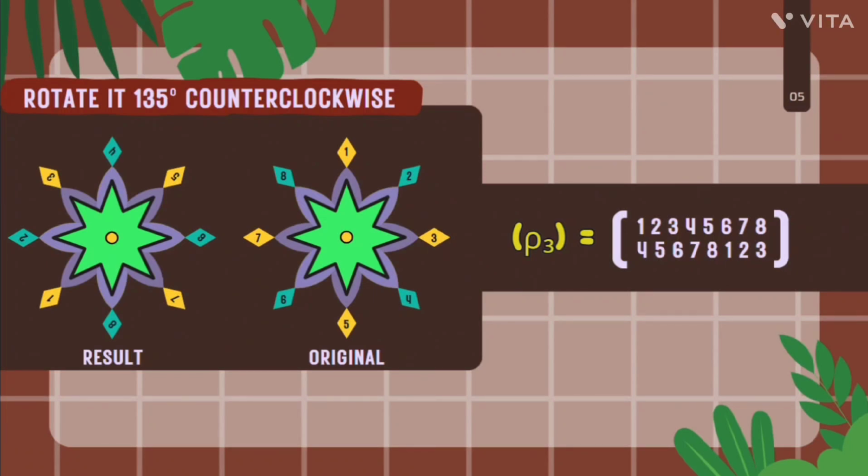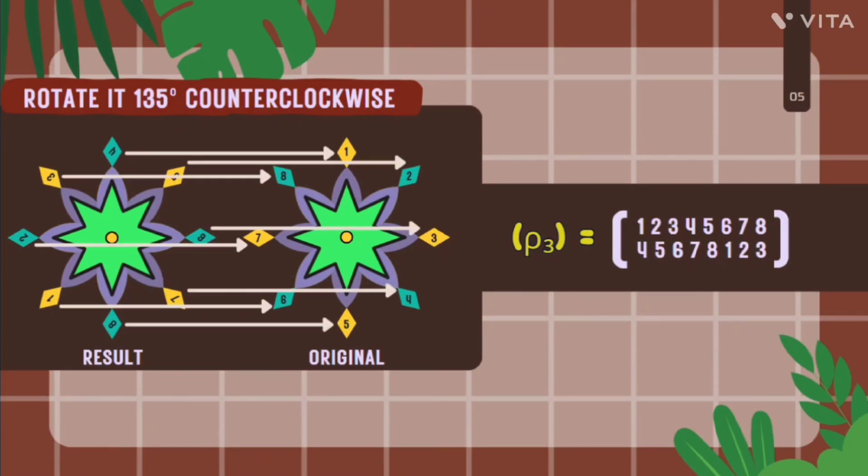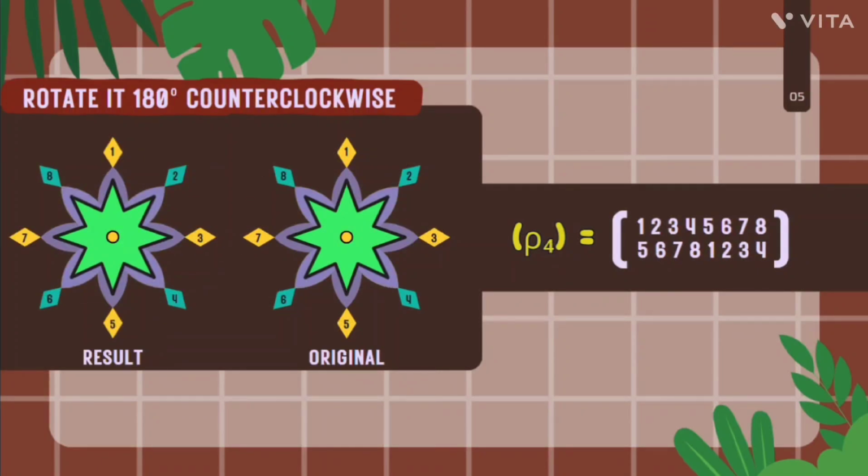And this will be the result. 4 maps to 1, 5 maps to 2, 6 maps to 3, 7 maps to 4, 8 maps to 5, 1 maps to 6, 2 maps to 7, and also 3 maps to 8.